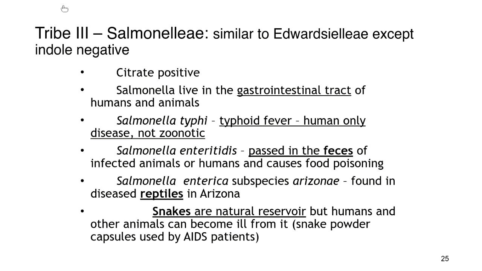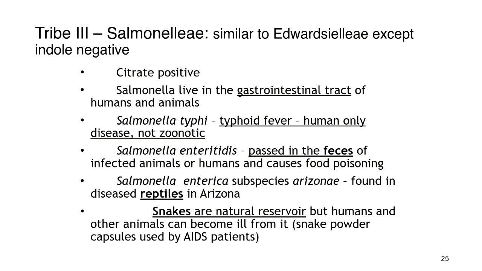Tribe 3, Salmonella, similar to Edwardsiella, except this is indole negative. So again, remember the textbook that listed all those different kinds of tests, and now you can understand how you could utilize those to come up with a presumptive diagnostic result on an organism.